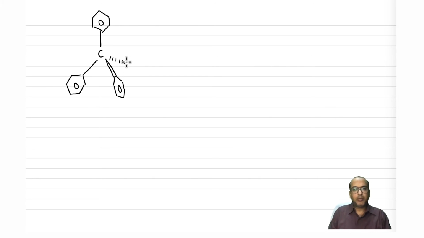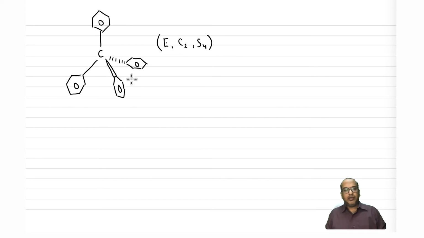So something like a propeller. Similarly, this one also. In this case, I'll tell you what the elements are: E, C2, S4. It is easy to identify. So this one is also an S2n point group, or S4 point group basically. So this should be very, very clear.